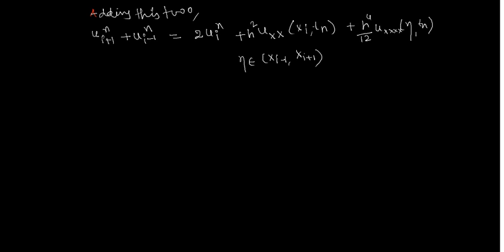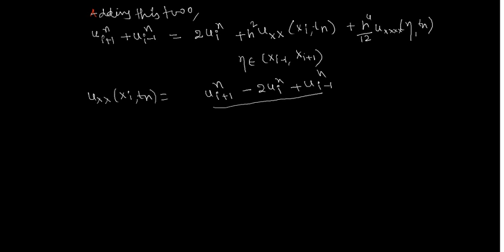So you see we get the value of this. If we calculate u xx at xi and tn, this will give me u i plus 1 n minus 2 u i n plus u i minus 1 n, divided by h square, plus this term h4 by 12 u xxxx at eta and tn. Now at the beginning we said that we will take the average of u xx at tn and tn plus 1.